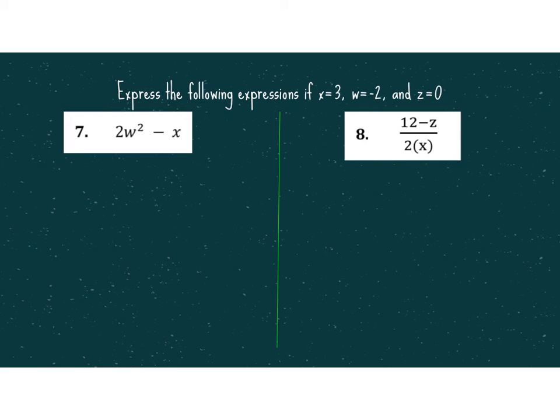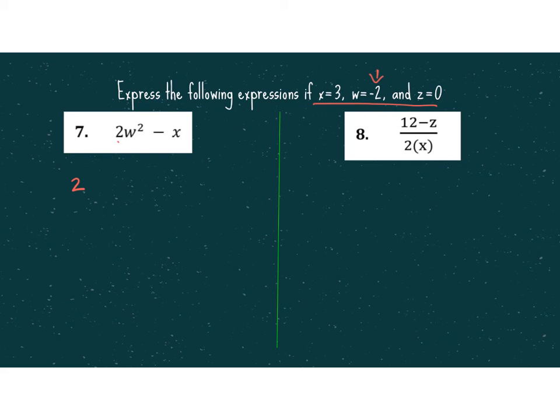And so this one's getting a little bit more complicated on you. So again, we're going to express the following expressions using these. We have variables or letters that are going to stand with numbers. So we're going to start with our 2. And then it says W. Well, I see right here my W is a -2.